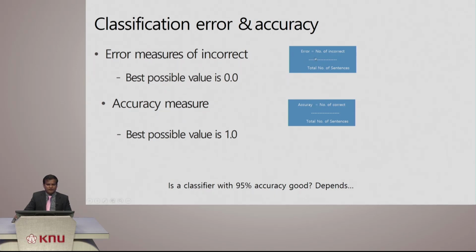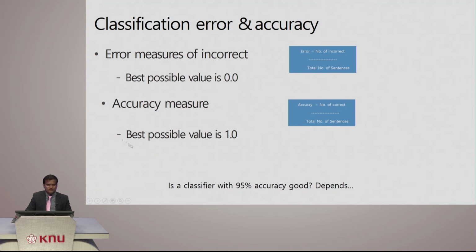So the error is the number of incorrect divided by the total number of sentences. So how many incorrect you got from the total number of sentences? The best possible value is 0, you got 0 incorrect. And accuracy is the number of correct divided by the total number of sentences.